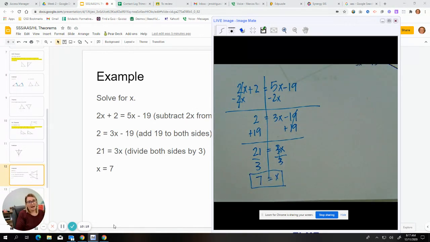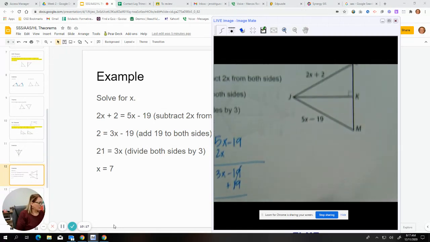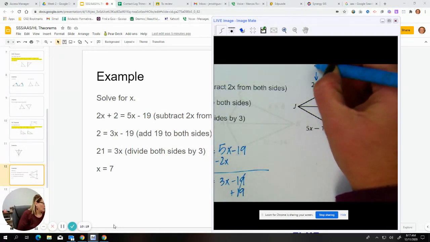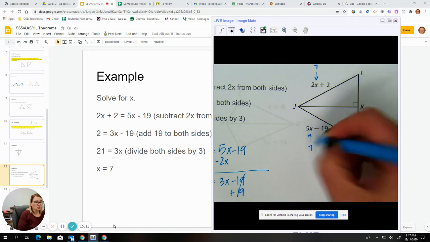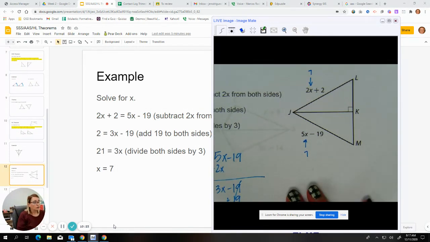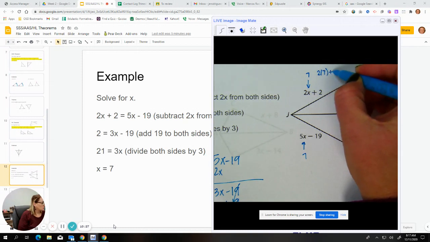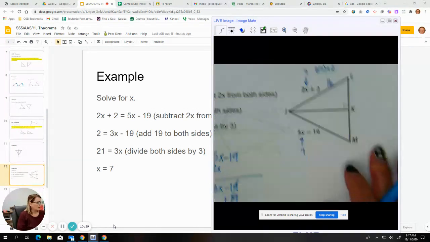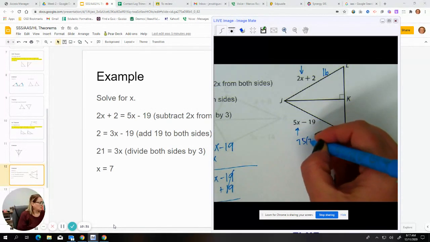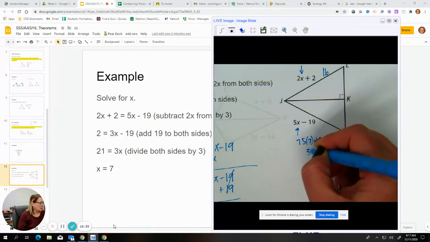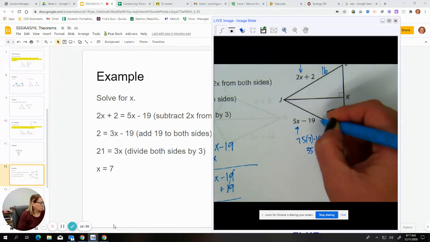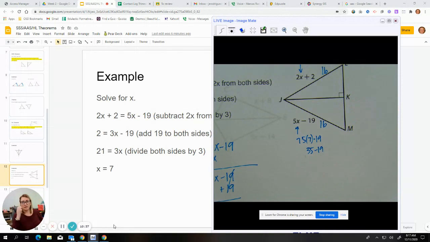And that's all I have to do. But if I wanted to come back up here and plug 7 in for x and just make sure that it's true, 2 times 7 plus 2 is 16. 5 times 7 minus 19 is also 16. So we know that we did our work correctly and we found the correct answer.